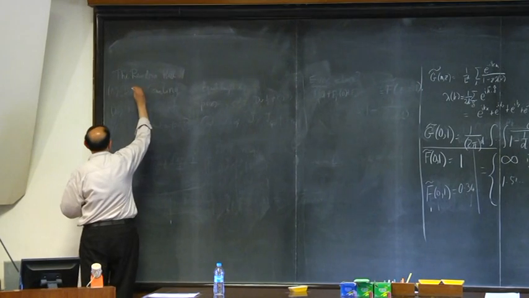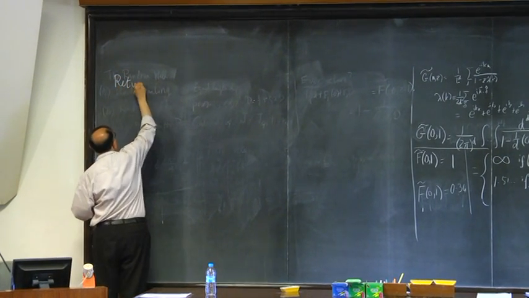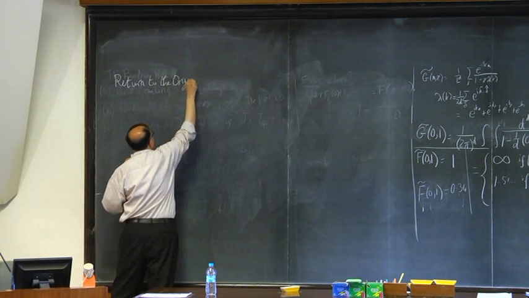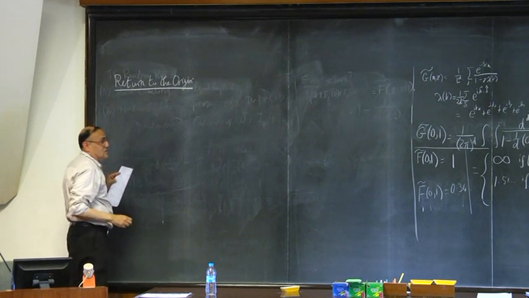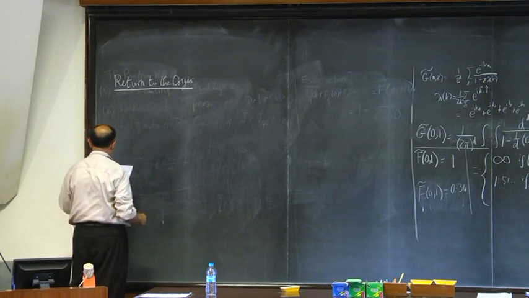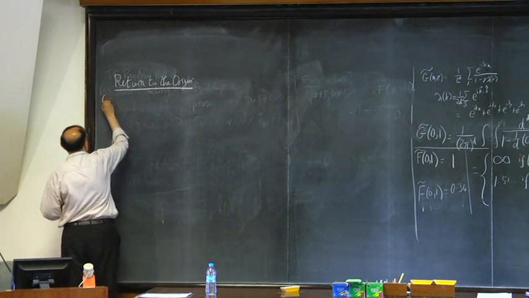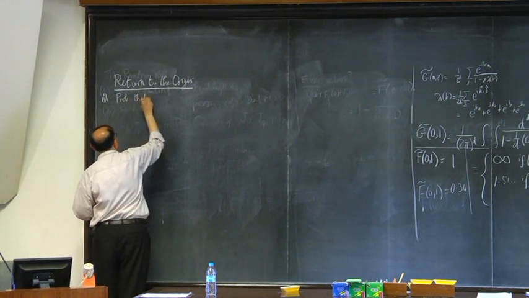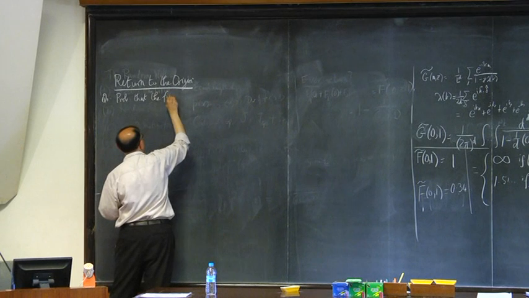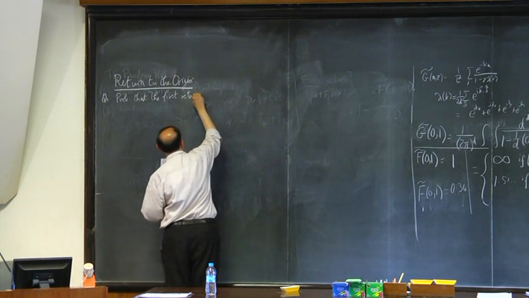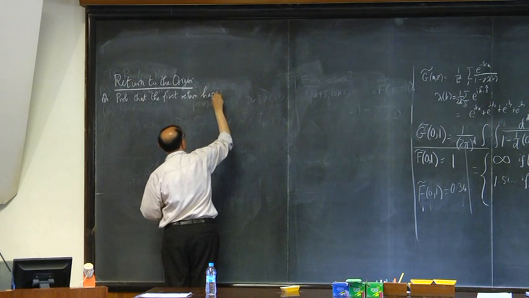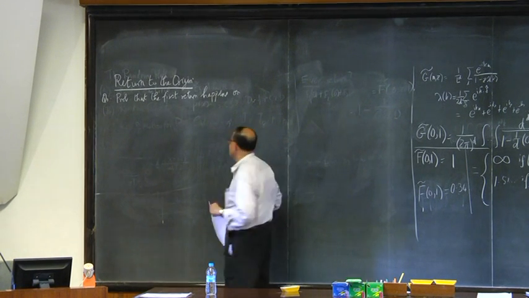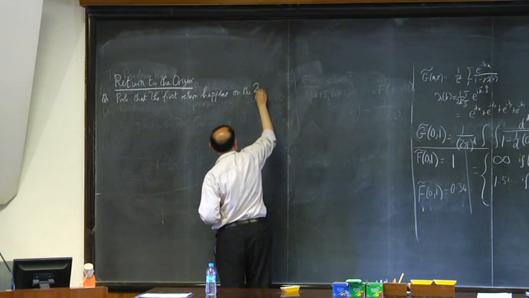All right. So let's talk about return to the origin. And let me not spend too much time on it. Okay, let's see. Question: what is the probability that the first return happens on the 2nth step, recognizing the even-odd character that we discussed in the morning?